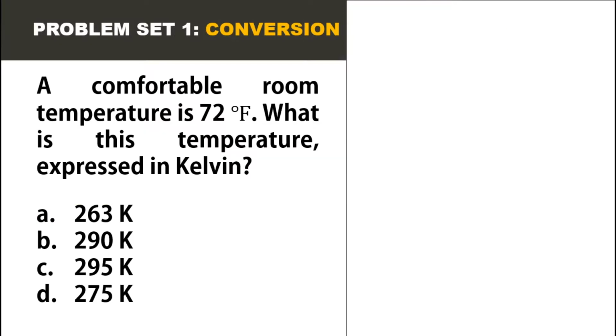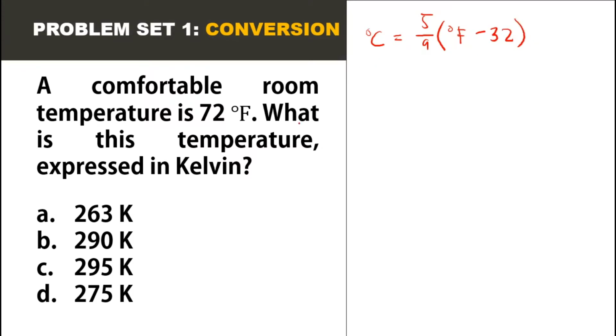So for the next problem, a comfortable room temperature is 72 degrees Fahrenheit. What is this temperature expressed in Kelvin? First we have our degrees Celsius and degrees Fahrenheit relationship. Degrees Celsius is equal to 5/9 times the quantity degrees Fahrenheit minus 32.